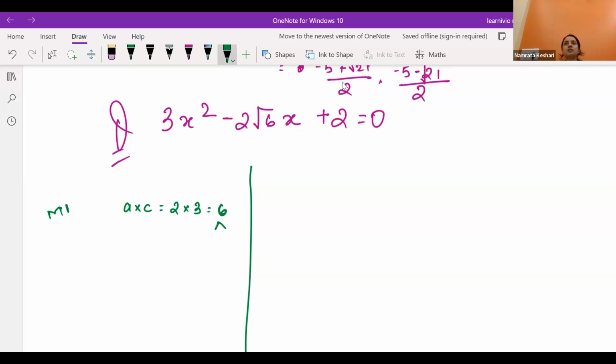Just think about it. If we are splitting the 6, since we want to create a middle term which has a square root term, root 6, both our factors must have this root 6. Why? Think about it.